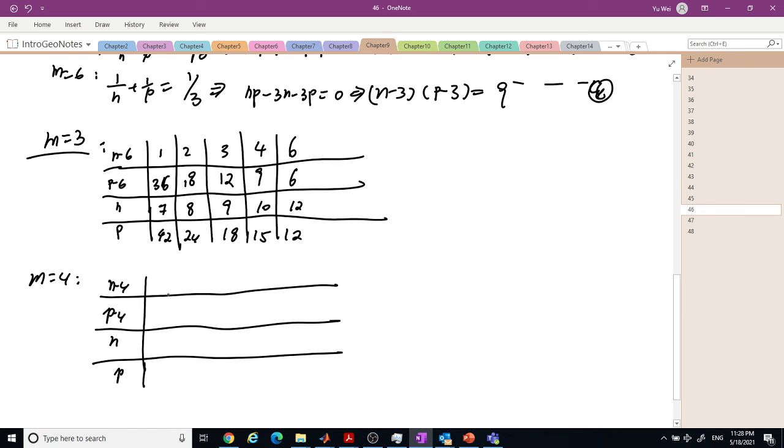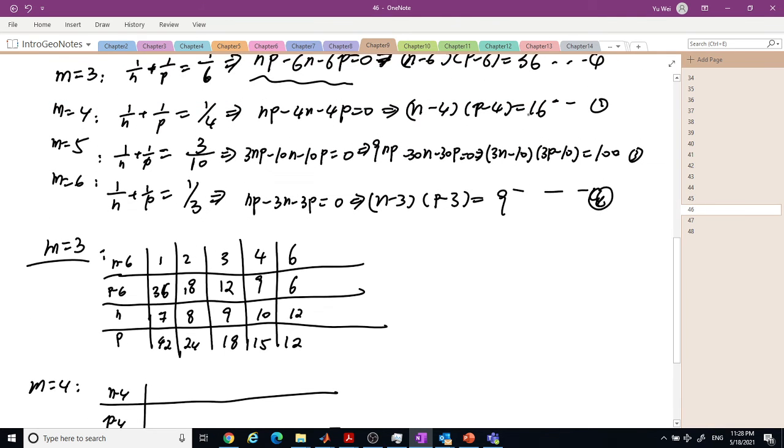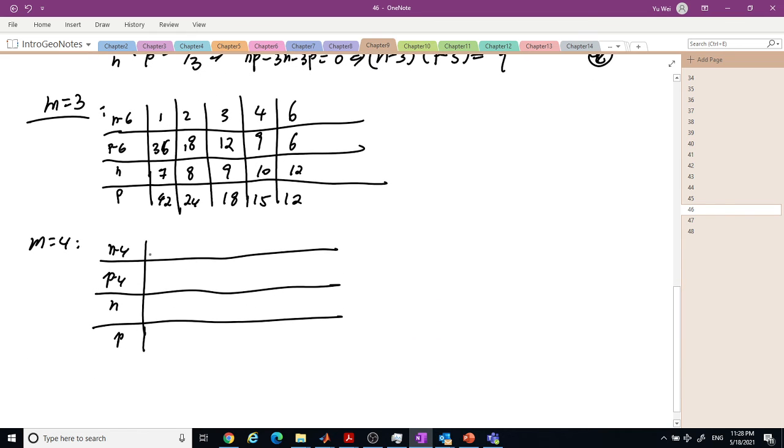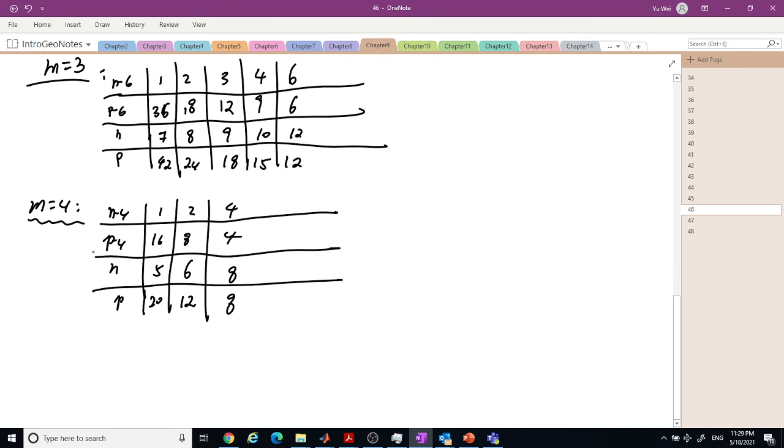This one is 16, so we can factorize it: 1 and 16, 2 and 8, and 4 and 4. Then this one is 5 and 20, this one is 6 and 12, this one is 8 and 8. All of them should be greater or equal than 4. Yes, all valid.